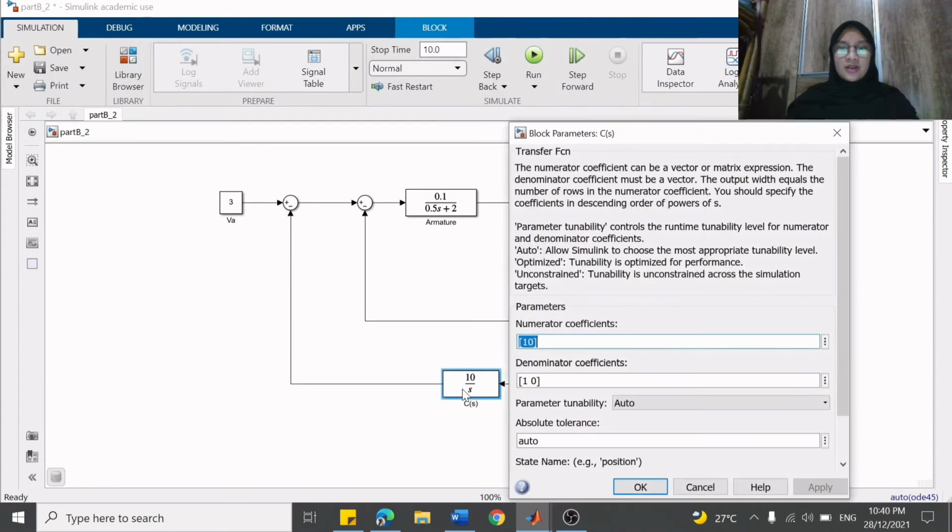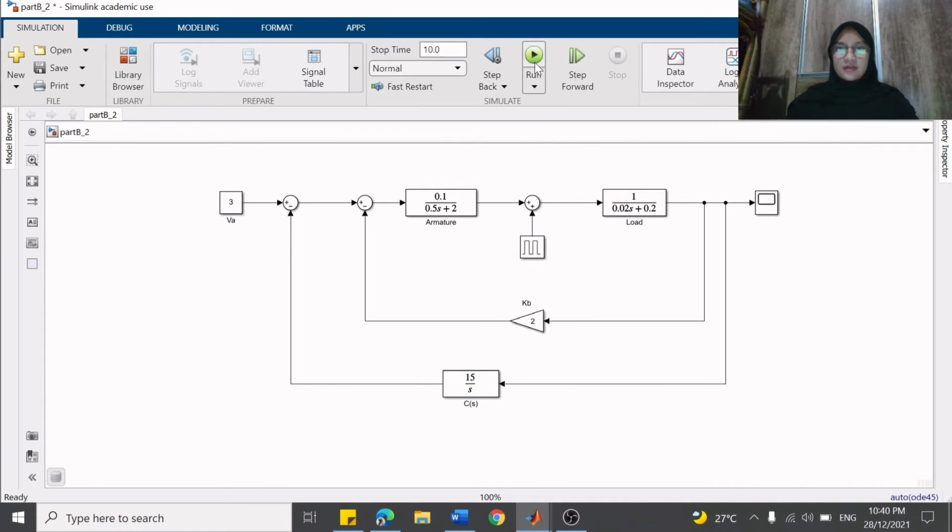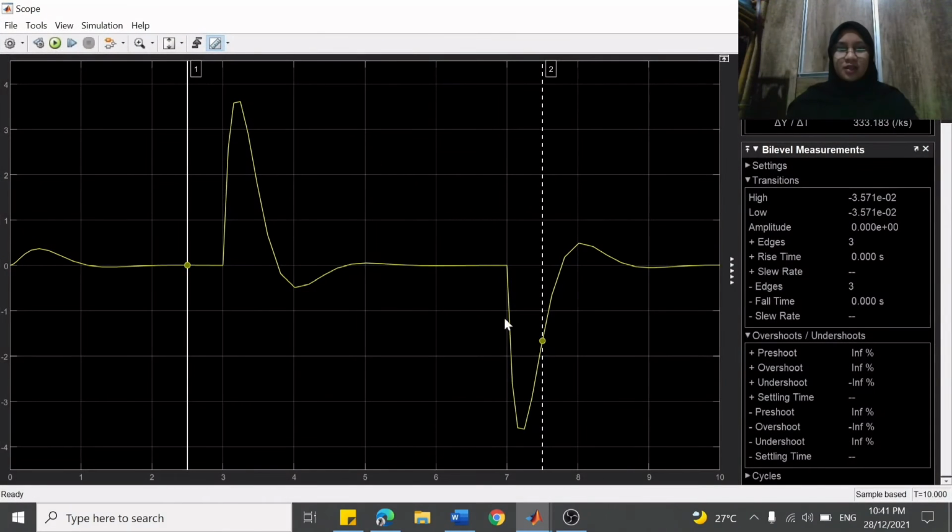For K equal to 15, this is the output graph for K equal to 15. The rise time is 0.00 second, overshoot infinity, settling time is none.